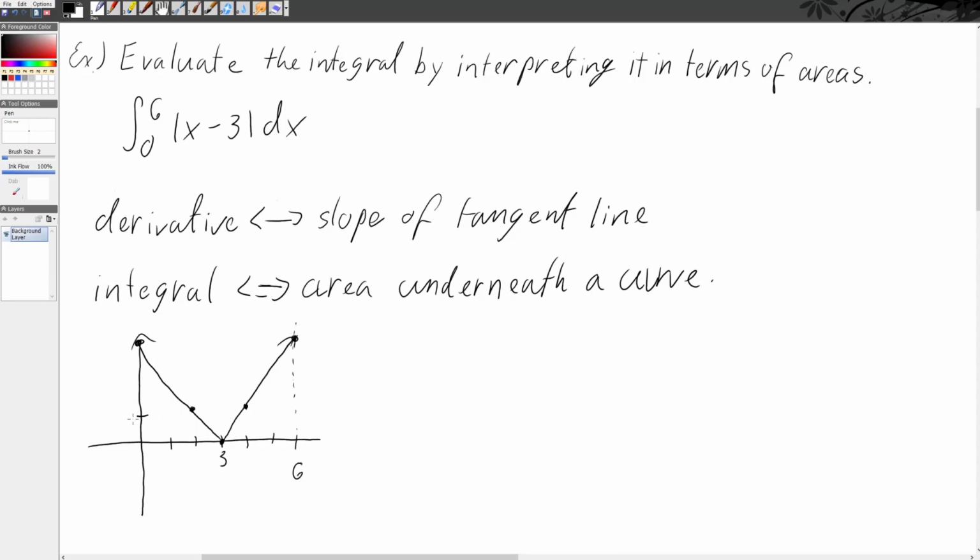Here we note that our 2 figures form a triangle. So the integral from 0 to 6 of the absolute value of x minus 3 dx is going to be equal to the area of the first triangle plus the area of the second triangle.